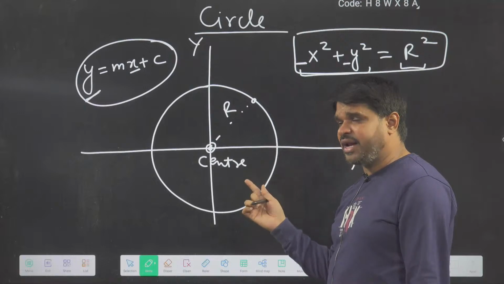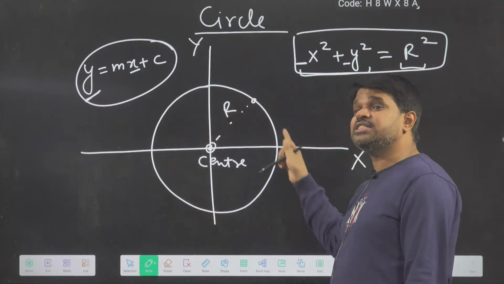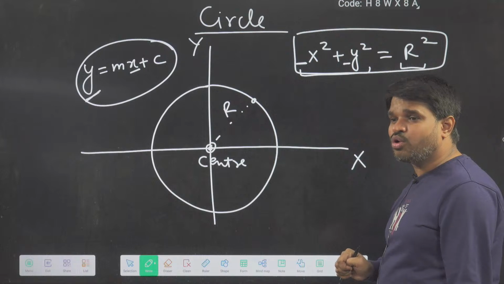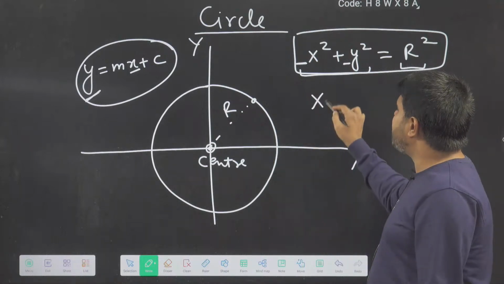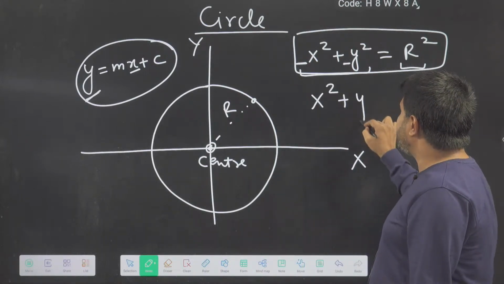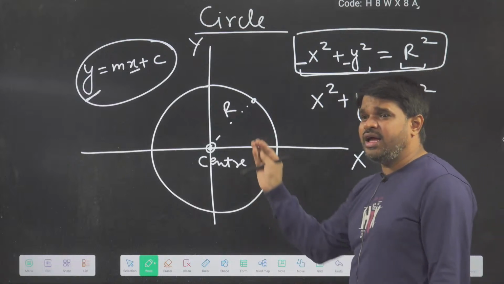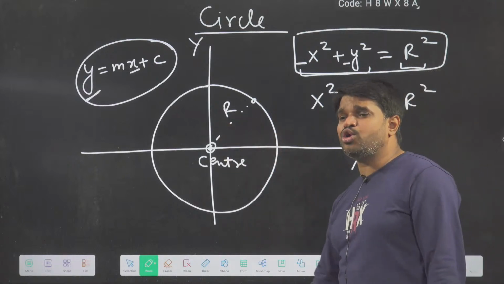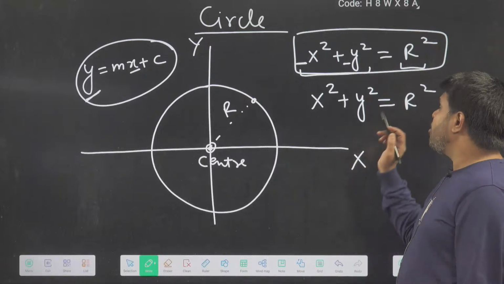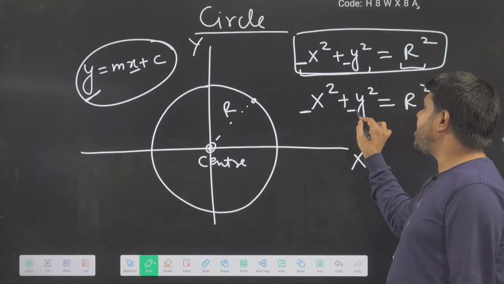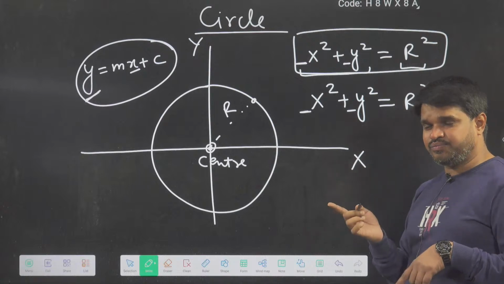In a similar manner, a circle is represented by the equation x square plus y square equals r square, where x and y are two variables. One thing should be remembered: the coefficient of x square and y square should both be 1.